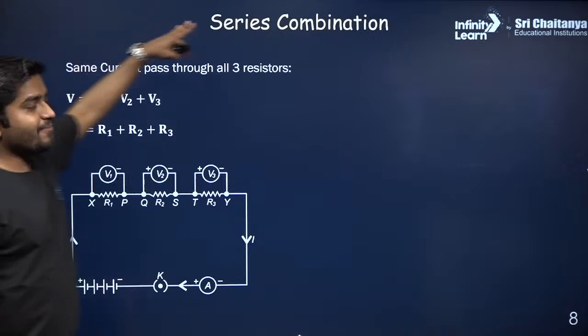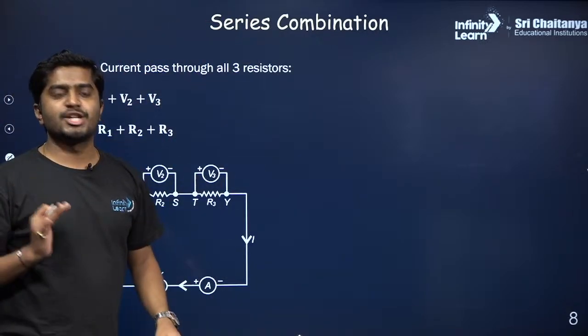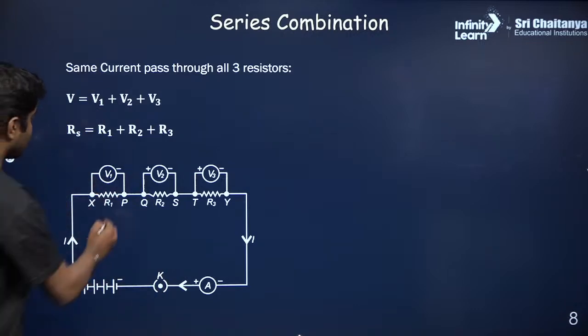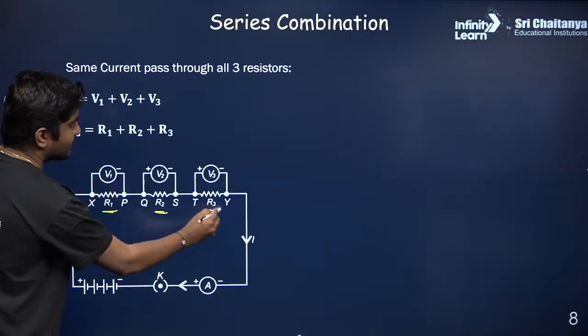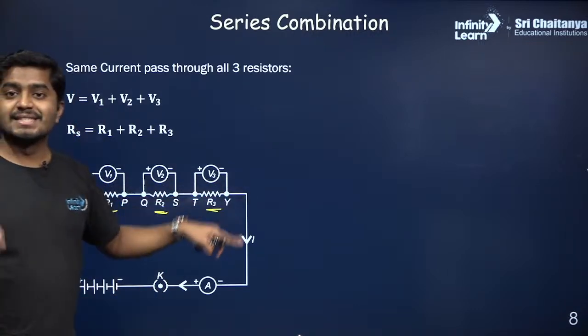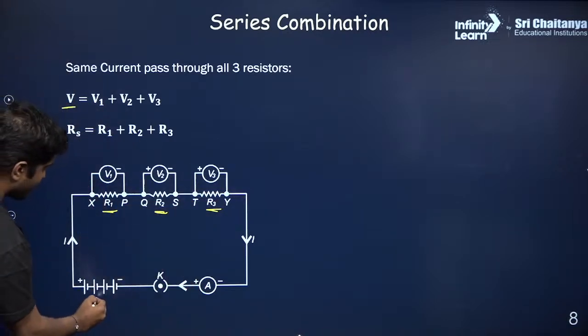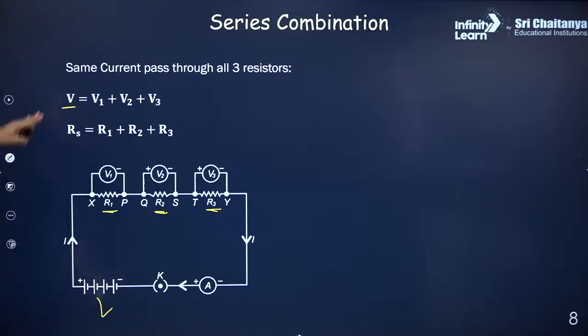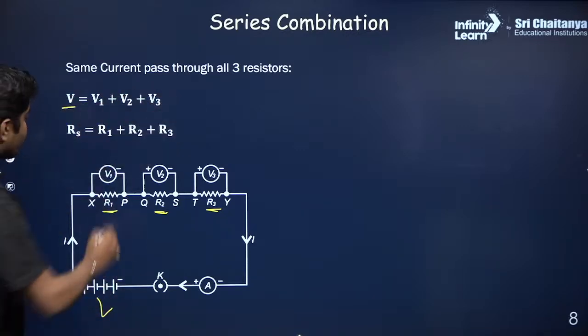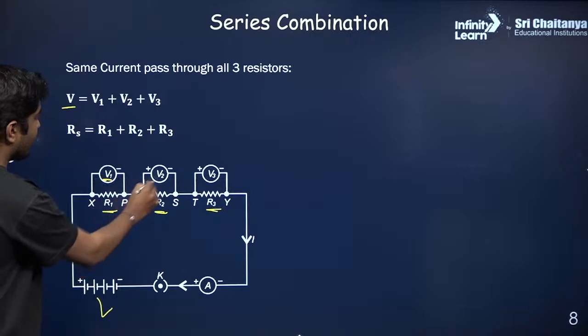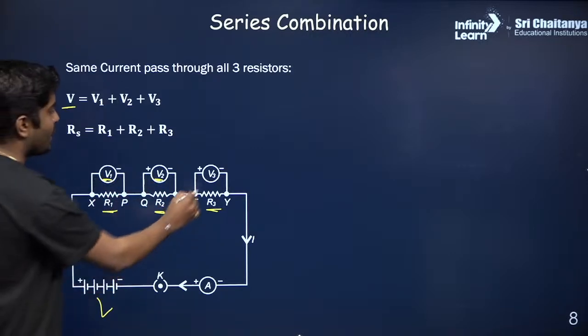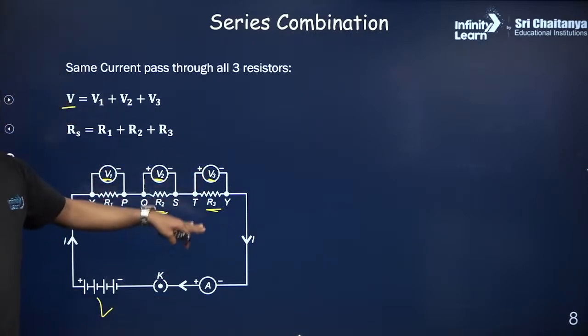Now, if you have the series combination, you see R1, R2, R3, they are arranged in series. So the total voltage provided by the battery will split. So it is the V1 across R1, V2 across R2 and V3 across R3.